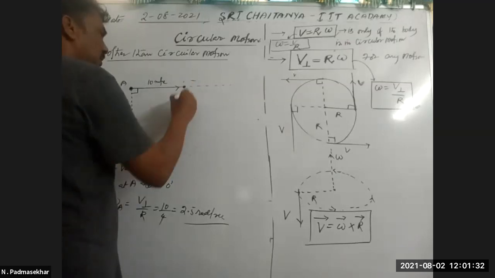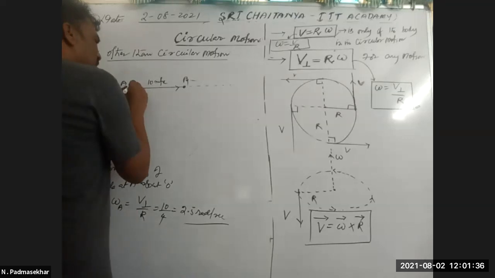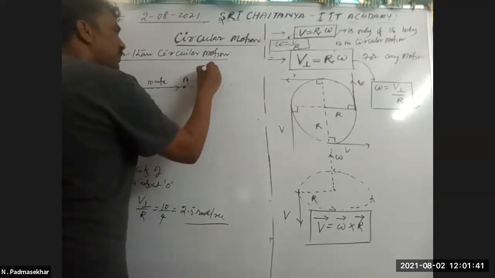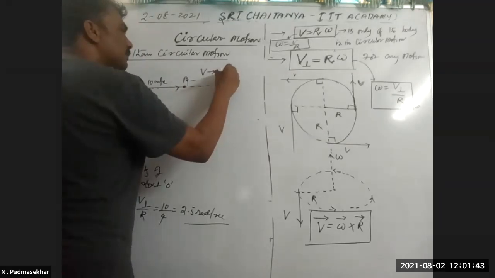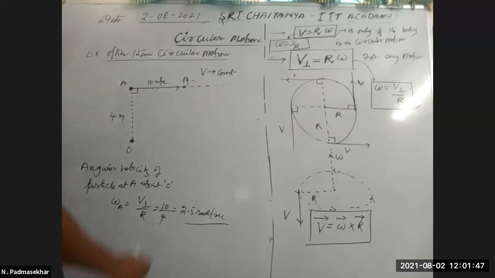this is another point, that is B. The particle is going with constant speed. So V is a constant. Constant speed.